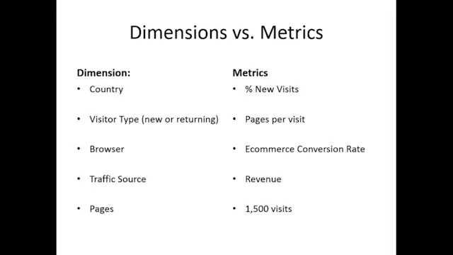And the answers to those questions are going to be words like the United States or Canada, a new visitor or a returning visitor. Metrics are usually questions that are answered with numbers. For instance, percent of new visits, pages per visit, e-commerce conversion rate, revenue, or how many visits in general. These are questions that are answered with numbers.